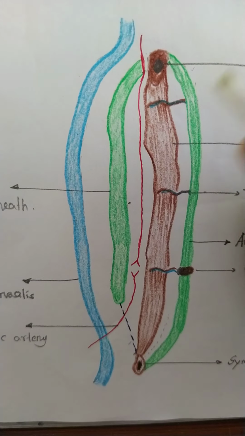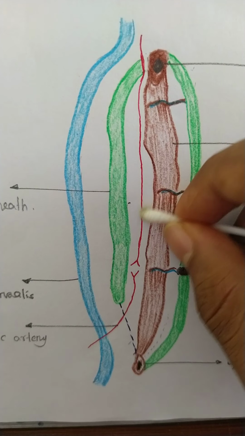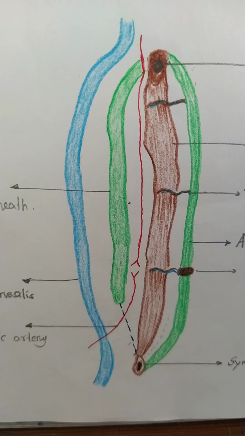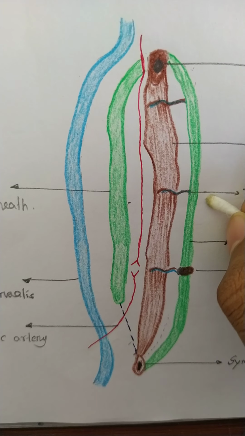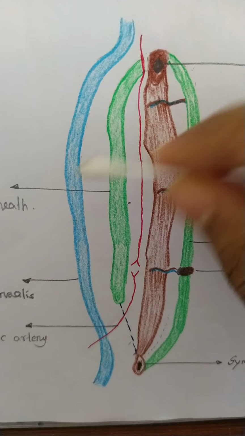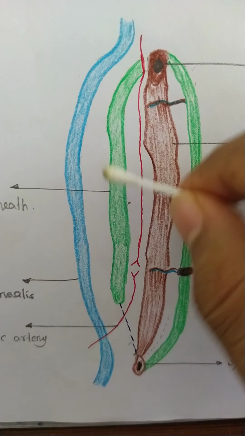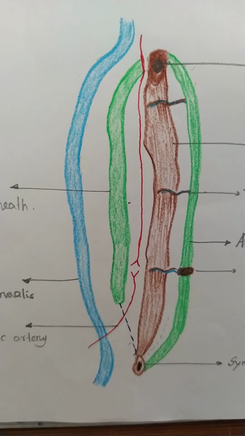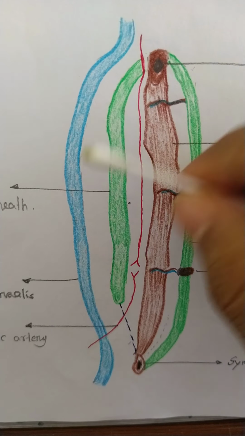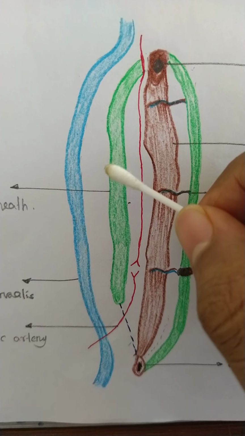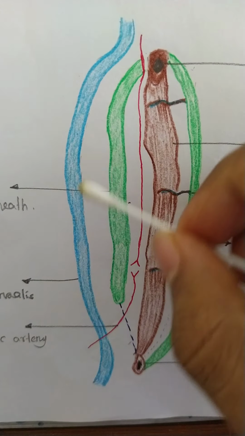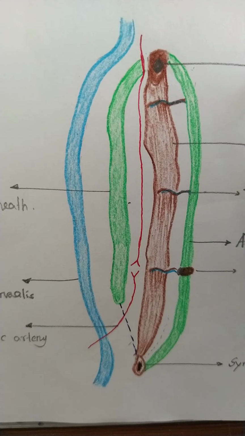There are another two branches: the superficial external pudendal artery, then the superficial circumflex iliac artery, and this superficial epigastric artery. So the femoral artery has three branches. You must remember the three names.